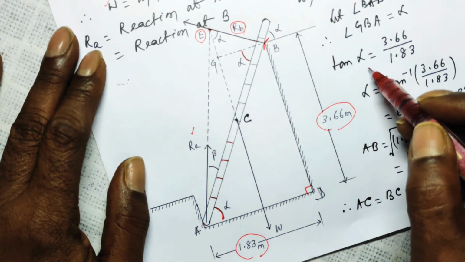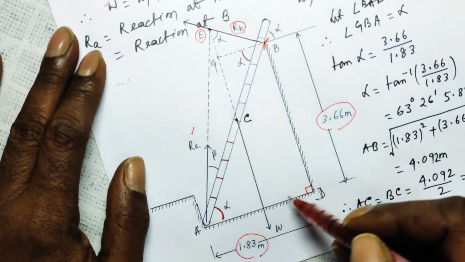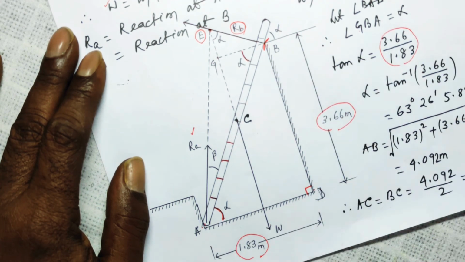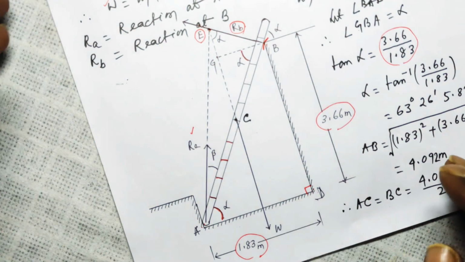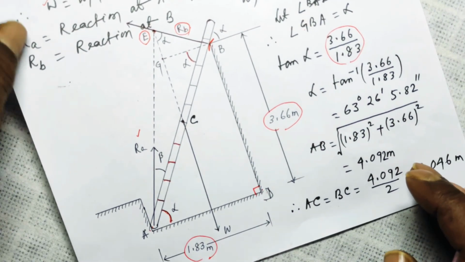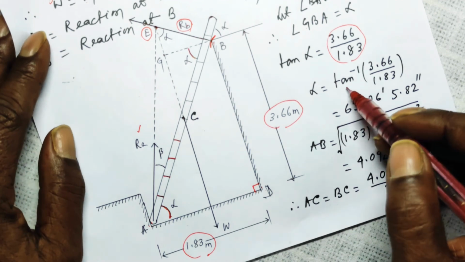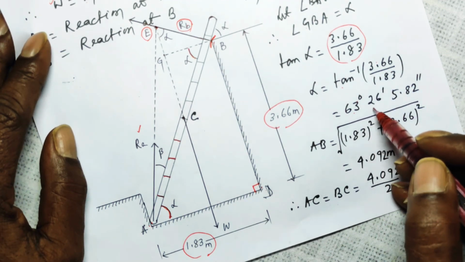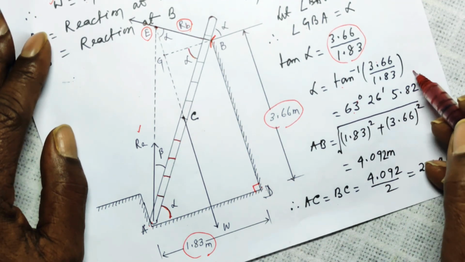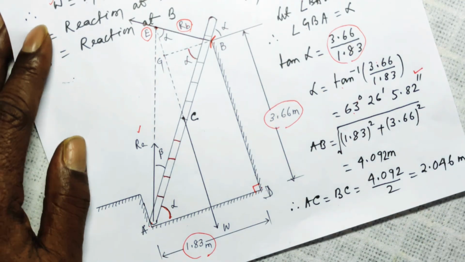So tan alpha is BD over AD, that is perpendicular over base. If you put it in a scientific calculator and take the inverse function, your alpha comes out to be tan inverse of this, that is 63 degree 26 minute 5.82 seconds of arc.